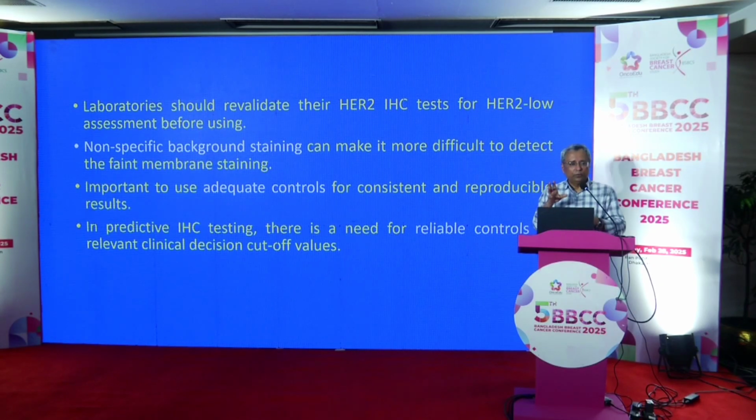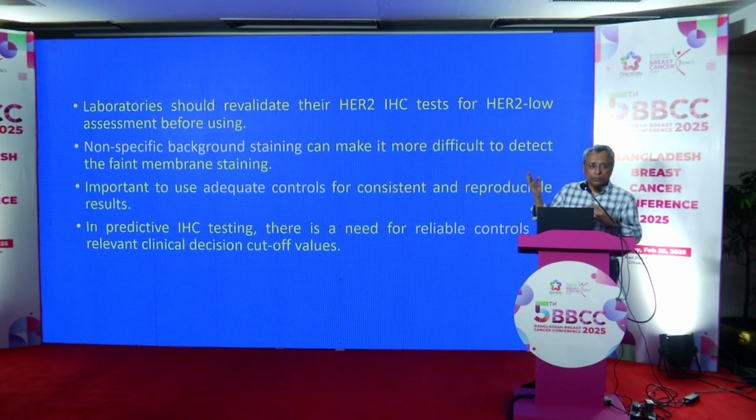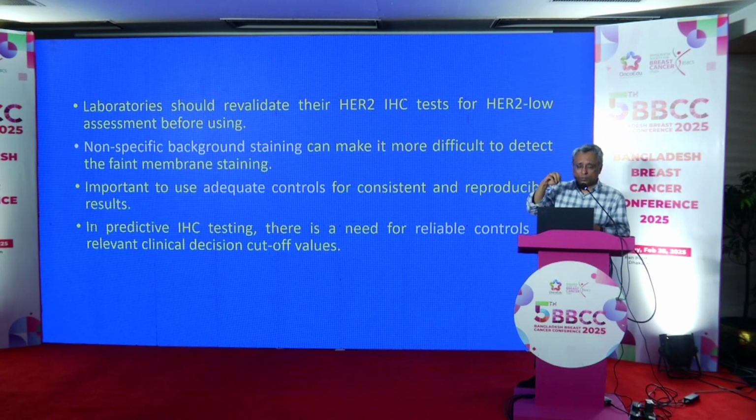The reason we want to make immunostains reasonably good is to avoid non-specific background staining, which can hamper your interpretation of stains. And also adequate controls. Why do you need controls? Because when you're scoring very low intensity stains, you need controls at the same time on your slide which are also low expressing, just to compare between your stain and the control.